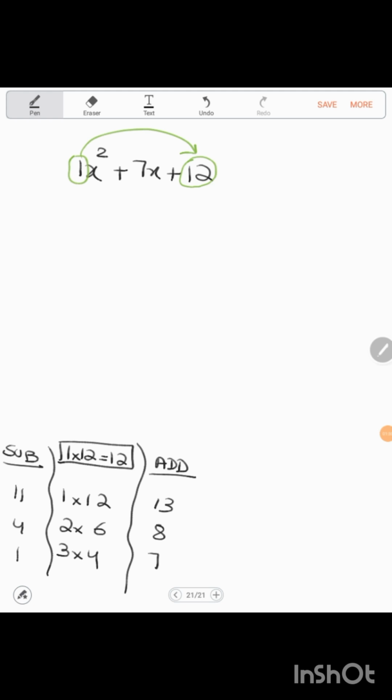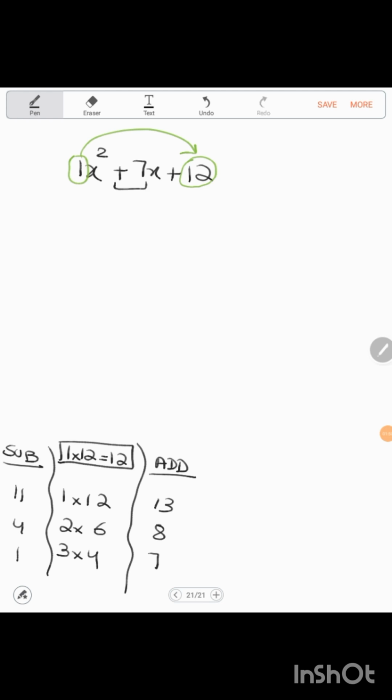Whenever you add or subtract the factors, these are basically the factors: 3, 4, 2, 6, 12, 1. You should get the middle term. What is the middle term?